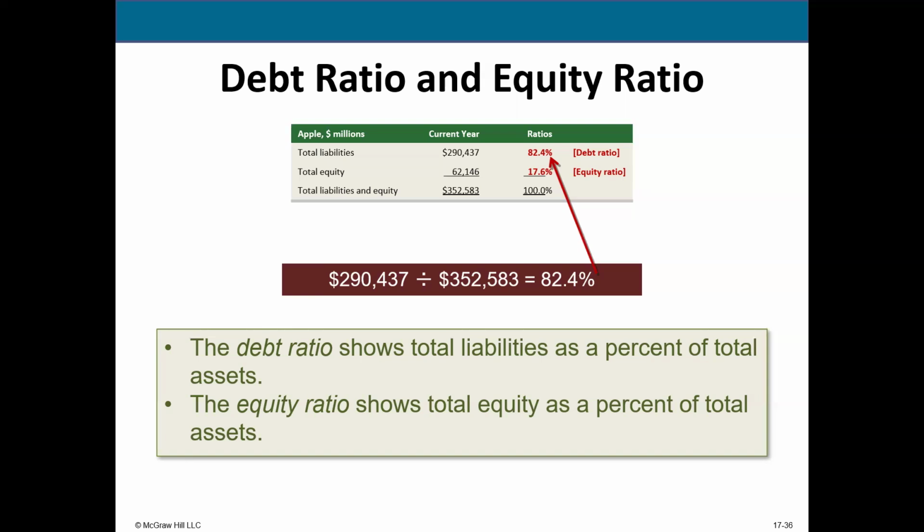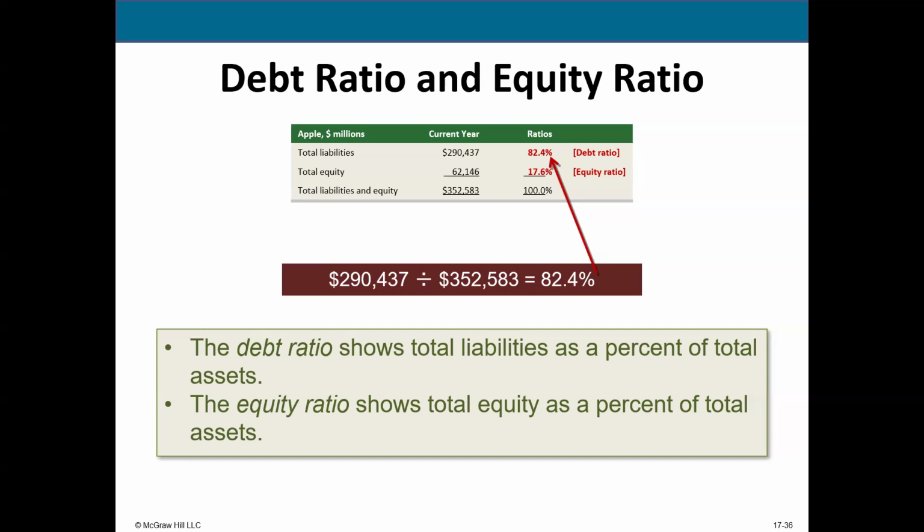So here we can see the debt ratio sitting at 82.4%. And how we got there was we took total liabilities divided by the total liabilities plus equity. And that gives us 82.4% for the debt ratio for Apple.